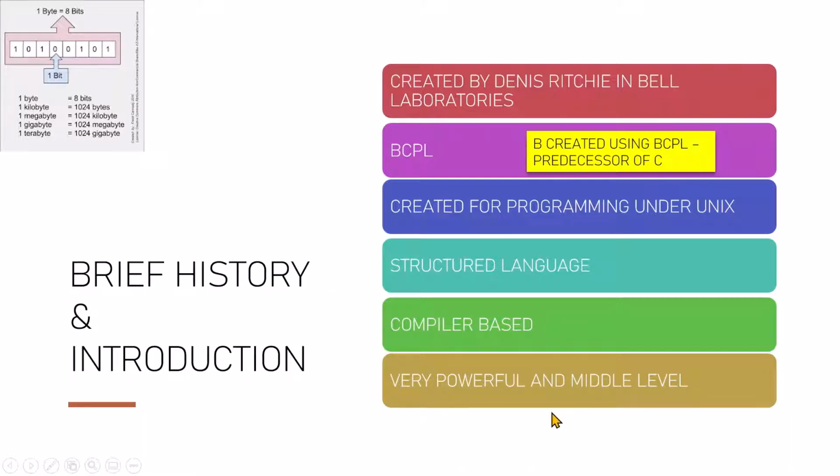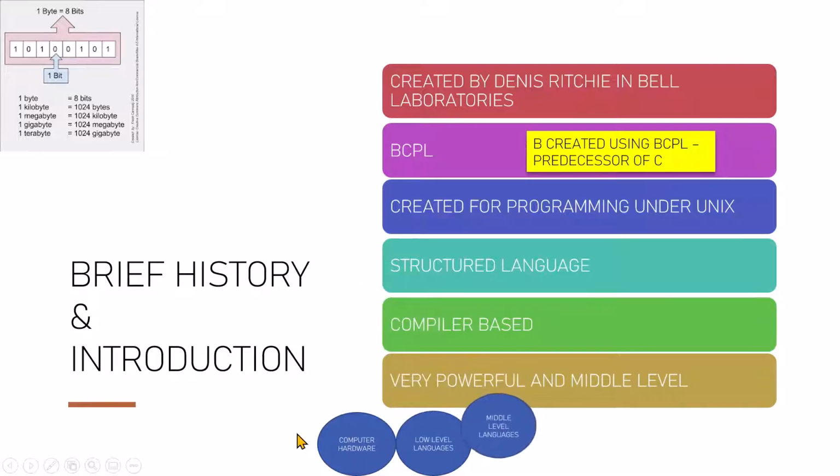Now, why is C a middle level language? Let's look at an illustration here. We have the computer hardware, and we're specifically referring to the computer processor here. The languages that work very closely with the processor are called low-level languages. So here you will find assembly and machine language.